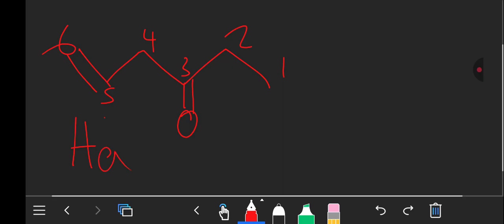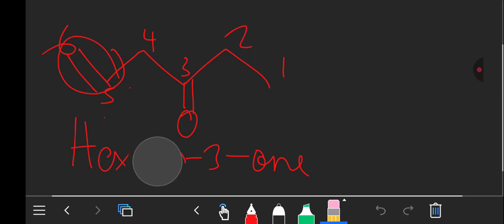So hexane. But I'll remove the E and state the position of this carbonyl group, which is at position number 3. So I'll say hexane 3 one. But remember, we have a double bond there, so this is not an alkane but instead an alkene. So I'll state the position of the double bond.